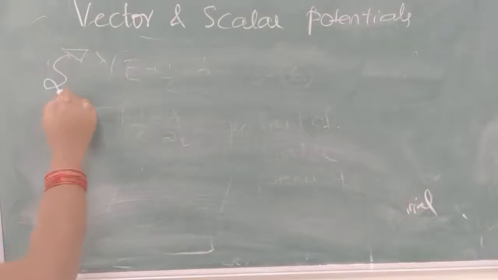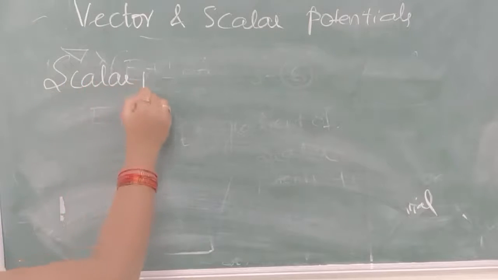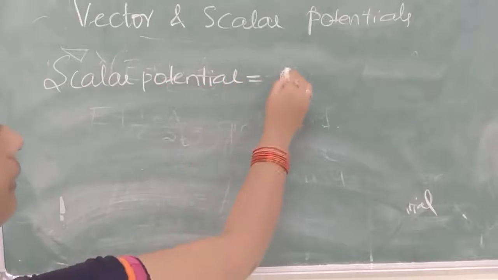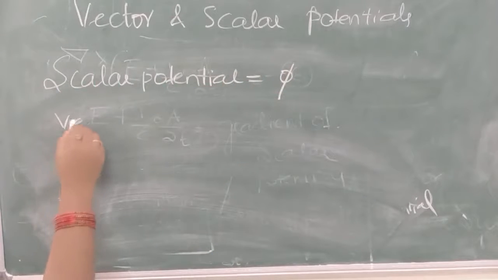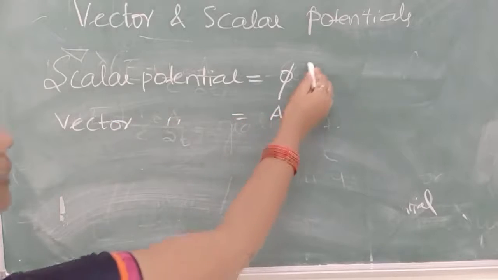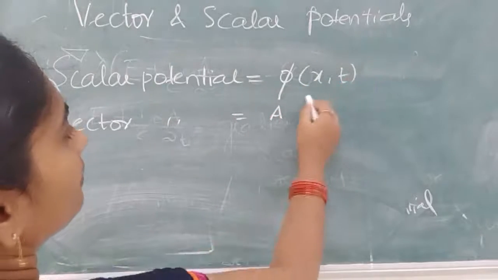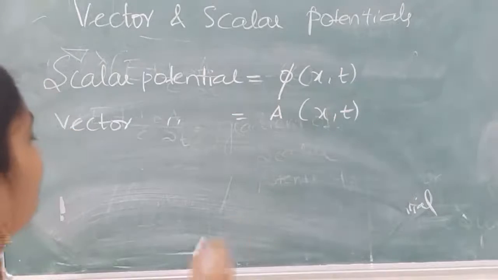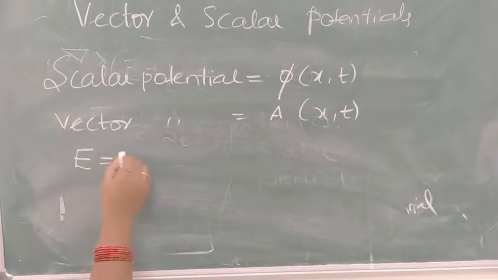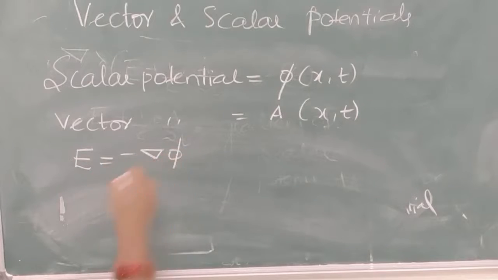What is scalar potential? It is phi, right? What is vector potential? It is A. Here both represent x comma t. But what is electrostatic potential? E is equal to minus del phi.